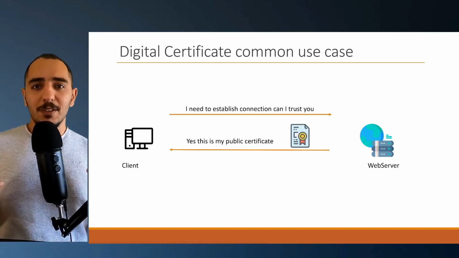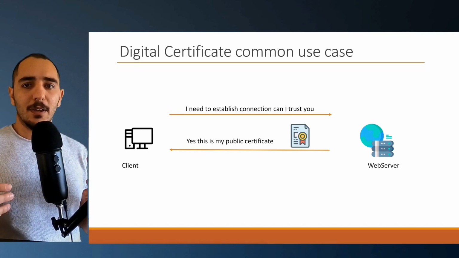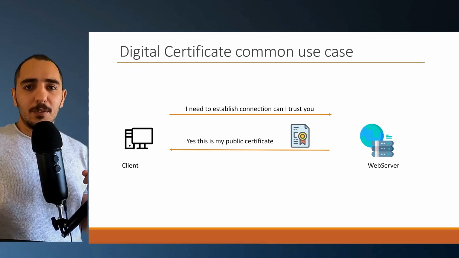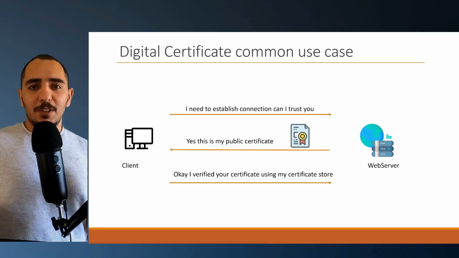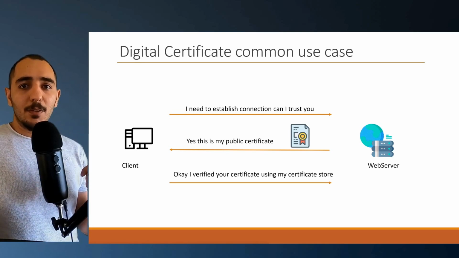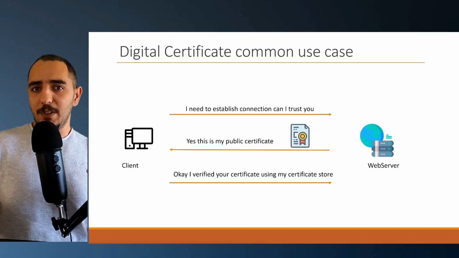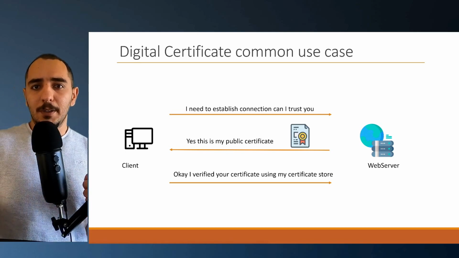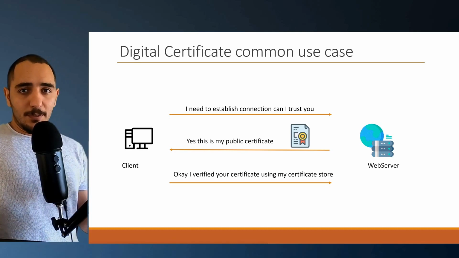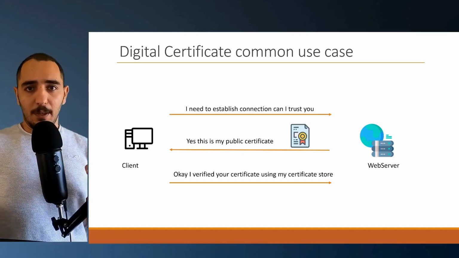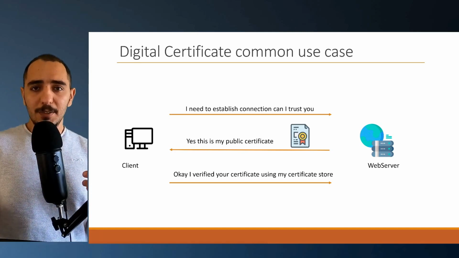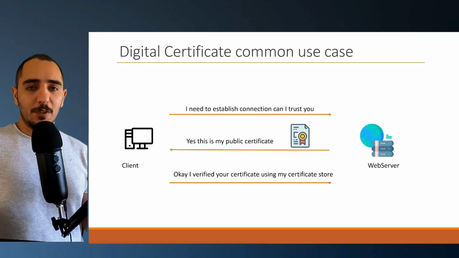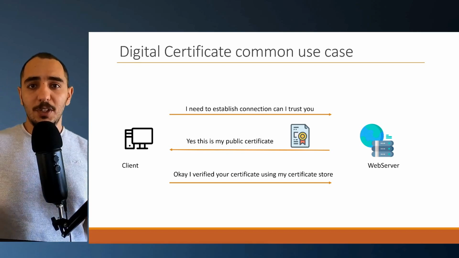We'll go into technical details in another video. This is just an overview. So the client would get this certificate and would want to verify this certificate is trusted and signed by a certificate authority. So the client would have a certificate store in his machine.